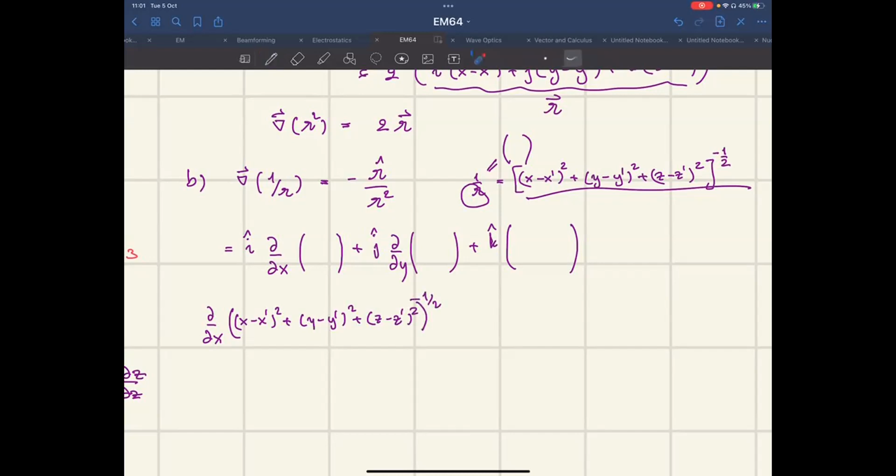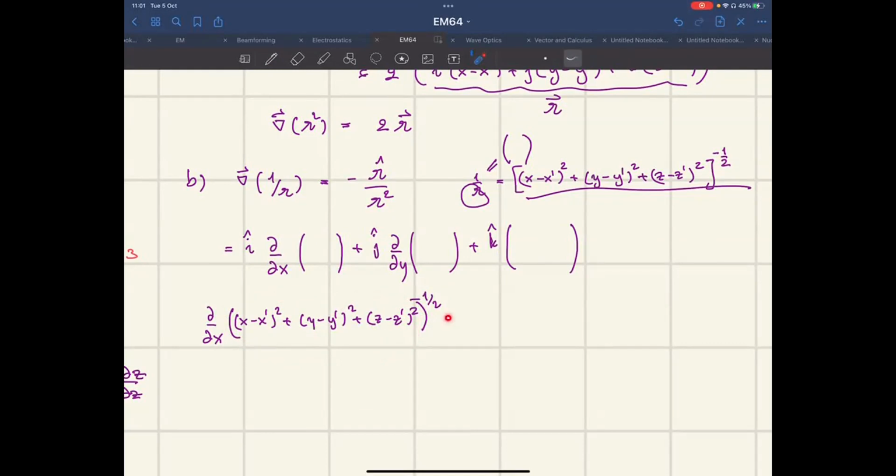You cannot say that this term becomes 0, this term becomes 0. You cannot do that because the whole thing has the power of minus 1/2. So they are the same term inside the square root. When you take the derivative, you cannot just simply remove it. Okay, we have to take the derivative of the whole system.